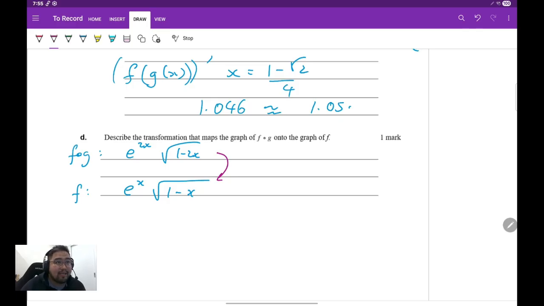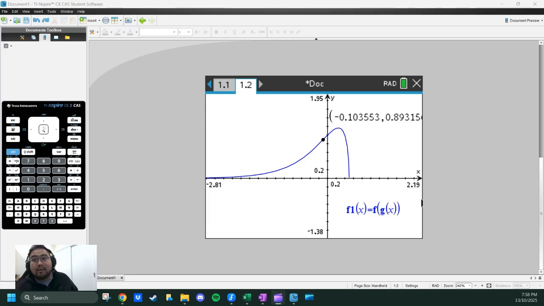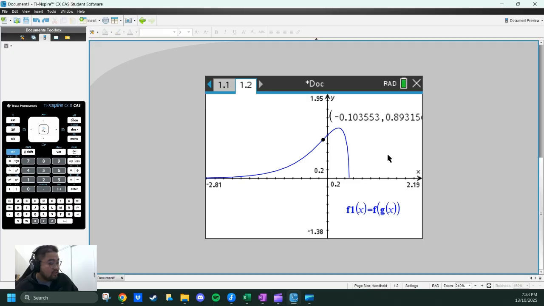So at the moment, I can see that there is this x value that is affected. If we look at the graphs here, this is the graph of fog, and I want to compare how this looks to the graph of f of x. You can see the blue line. To make the blue line turn into the red line from the y-axis, we need to stretch those values a little bit further.